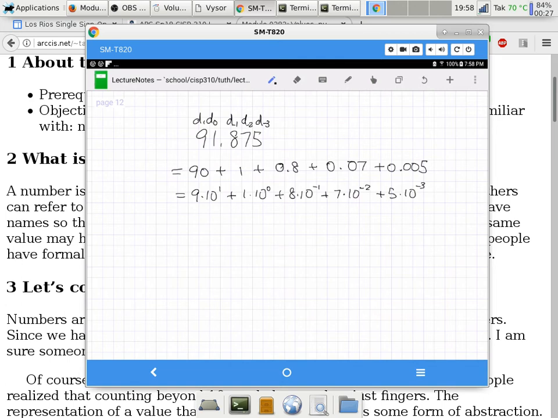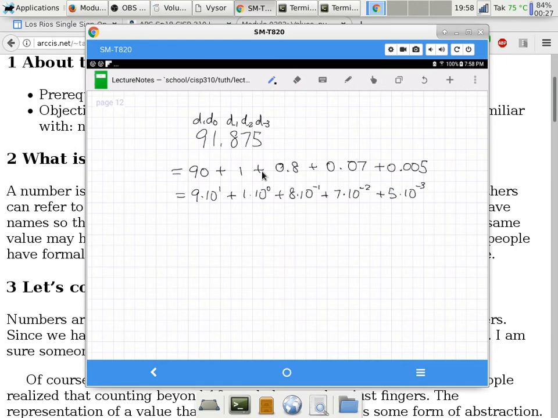What do you see that is corresponding? What do you see that is mapping from the subscript of the D versus the power of 10? They match, right? D0 specifies how many 10 to the power of zeros we have. D1 specifies how many 10 to the power of 1s we have.